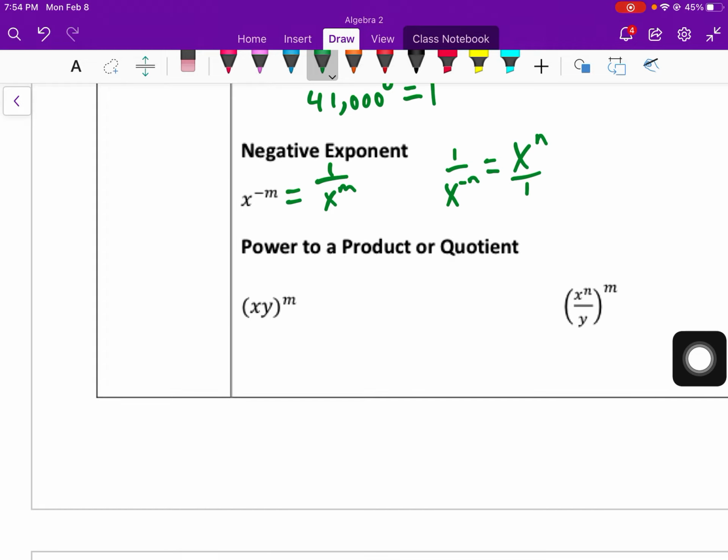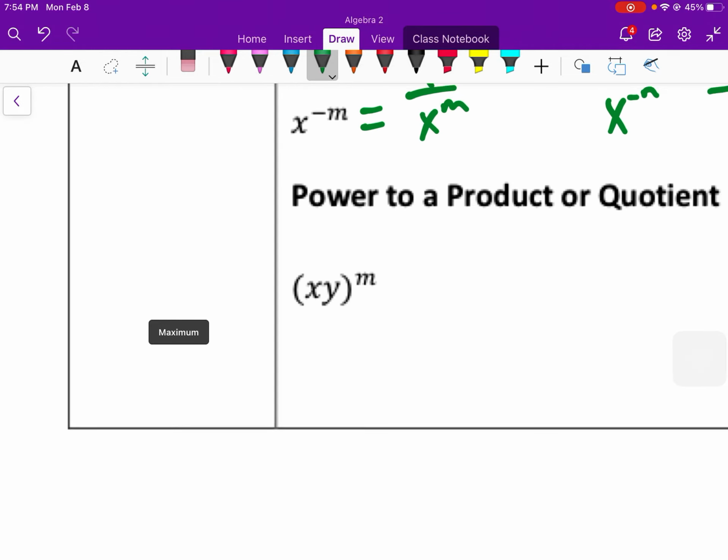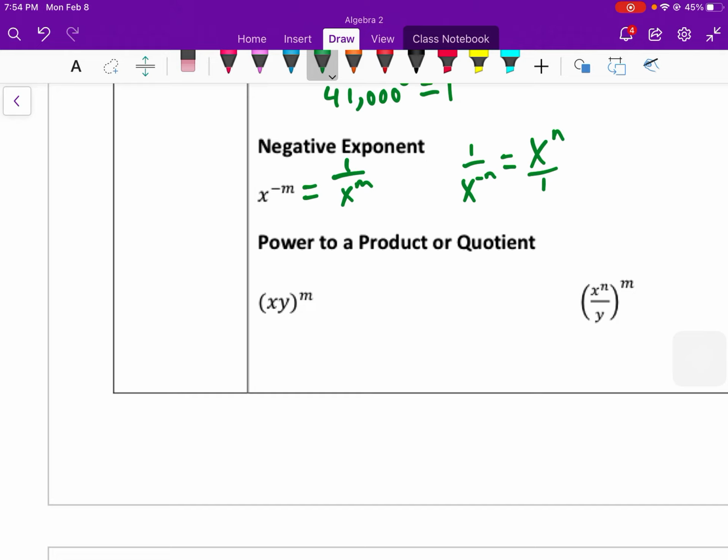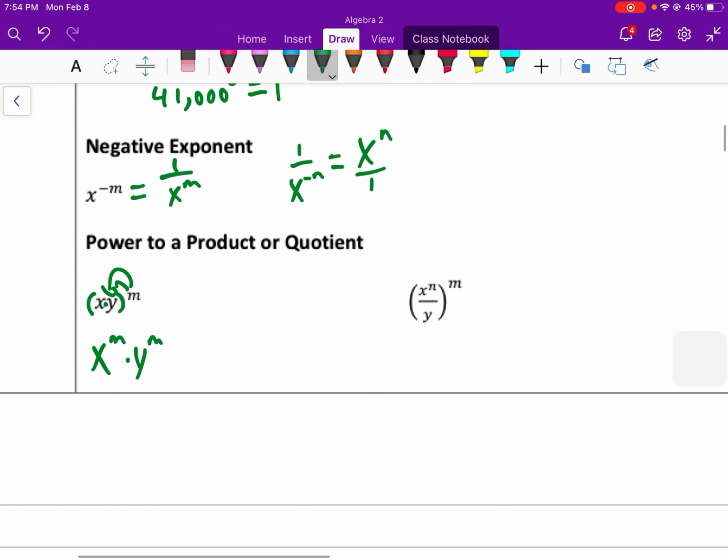So moving on for power to a product or quotient. So here we have a product of x times y, and the whole thing is to the mth power. So we're going to distribute that m through to each value, so that it's rewritten as x to the m times y to the m.